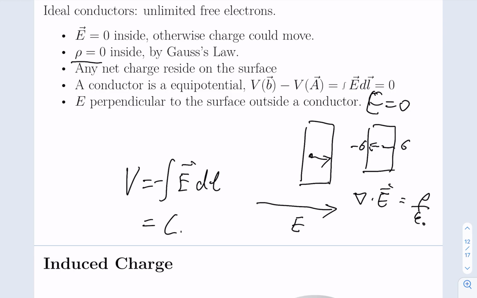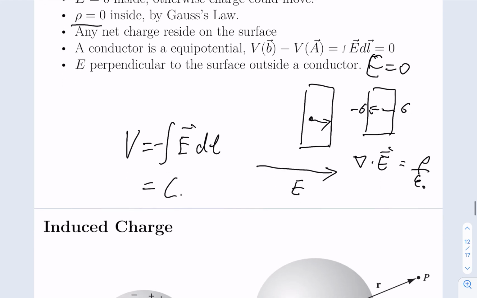Finally, one particular unique property of the conductor is that the E field must be perpendicular to the surface. No matter how strange the conductor shape looks, the E field must be exactly perpendicular to the surface. Can you try to prove that?